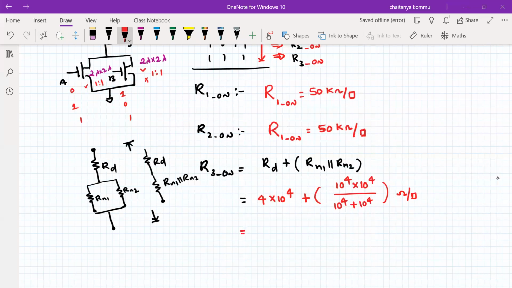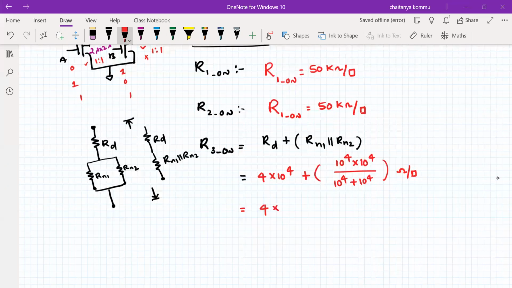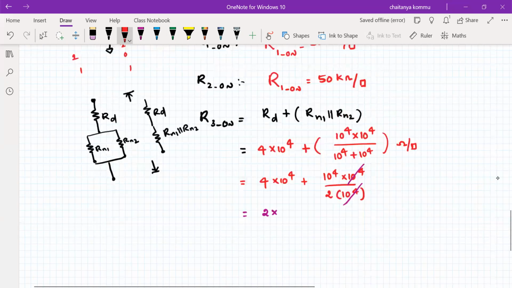Can anybody tell me what is this value? It is 2 into 10 to the power of 4 in the denominator, so this cancels and becomes 0.5 into 10 to the power of 4. Sorry, it's plus, yes.